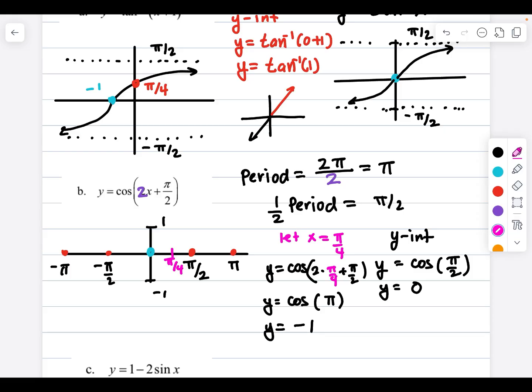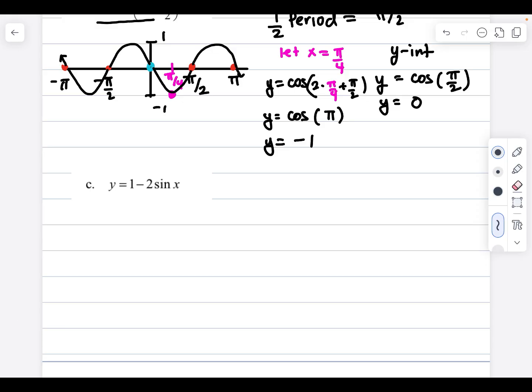So now I know at pi over 4, the output is negative 1. Therefore, the curve is down beneath the x-axis where I'm drawing it right now, and then it goes above. You could graph this by transforming the function y equals cosine of 2x to the left pi over 4 units, but that's not my preference.